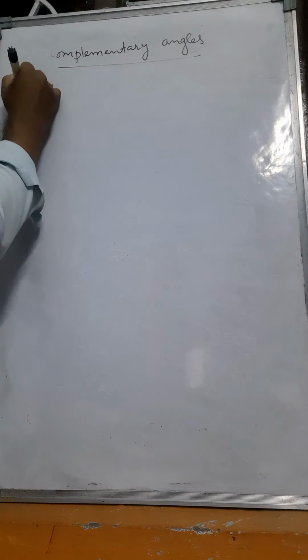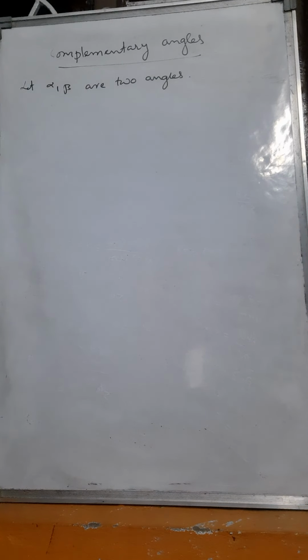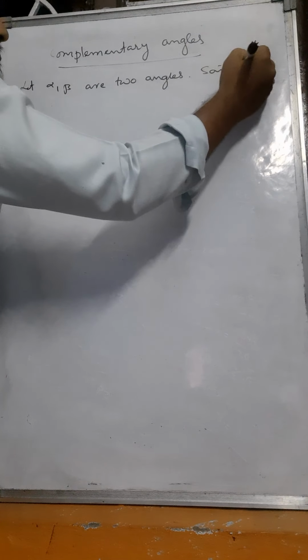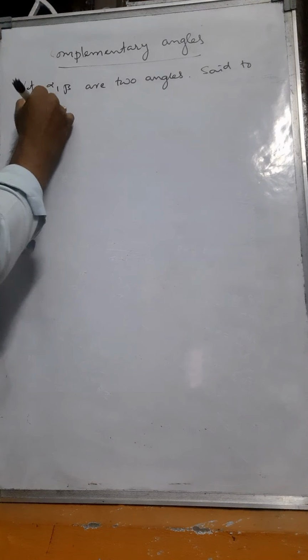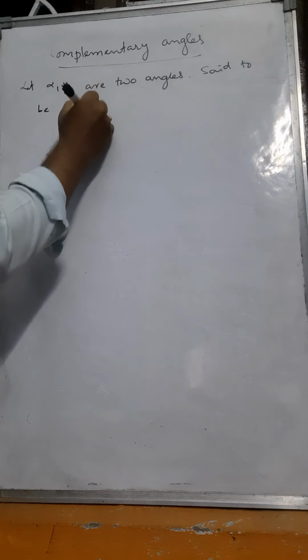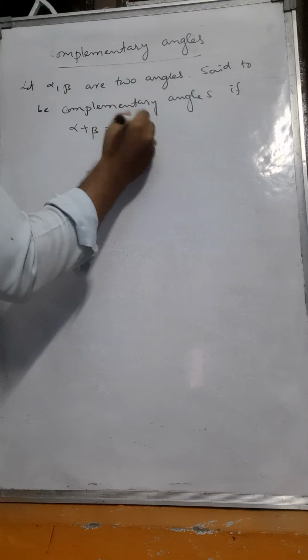Complementary angles. Here let alpha, beta be two angles. These two angles are said to be complementary angles if alpha plus beta is equal to 90.